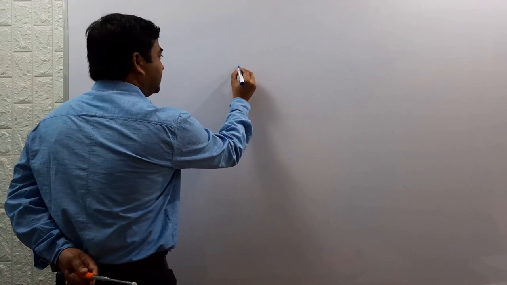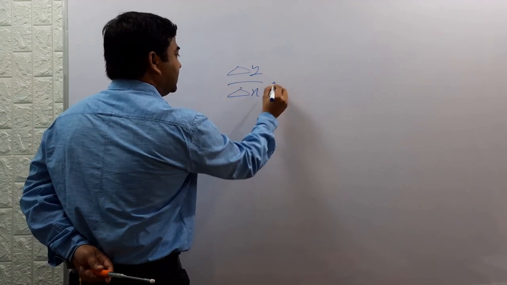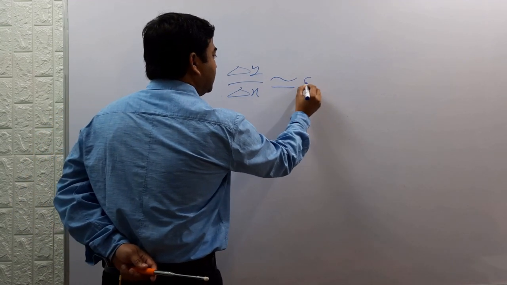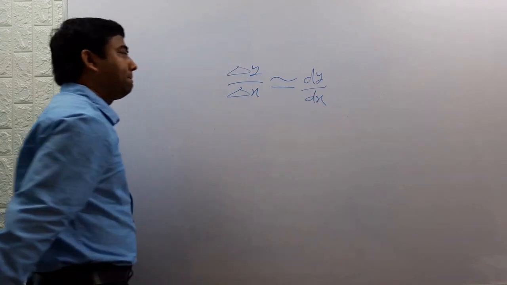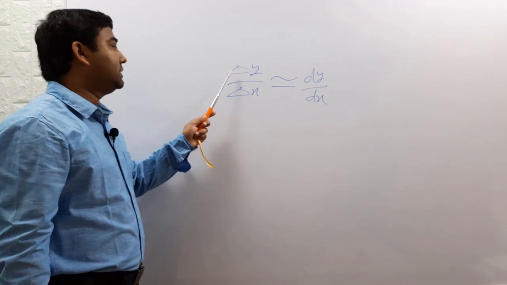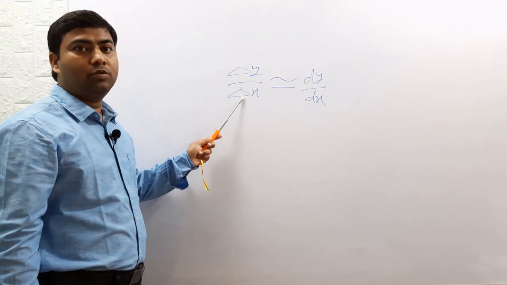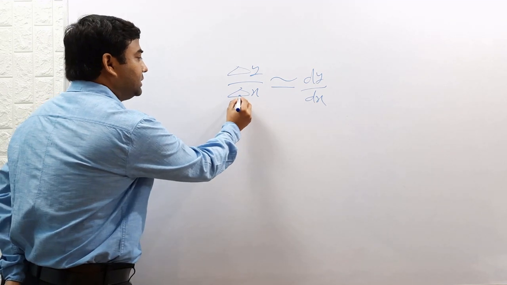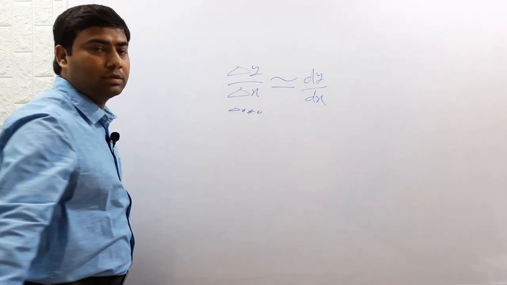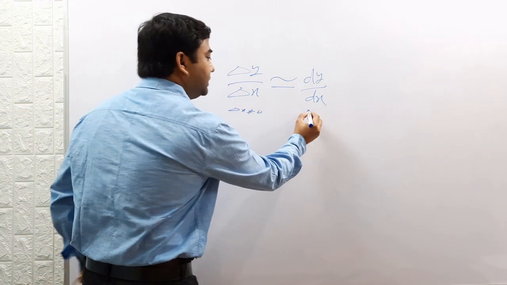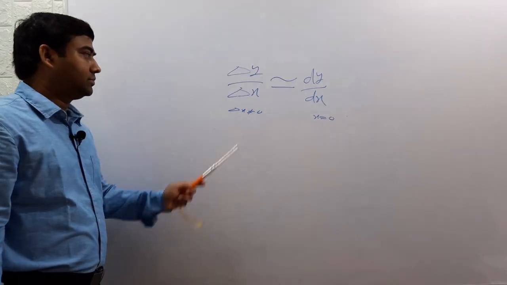So again, just remember delta y over delta x is approximately equal to dy over dx, because these are finite small values. Here delta x is not 0.